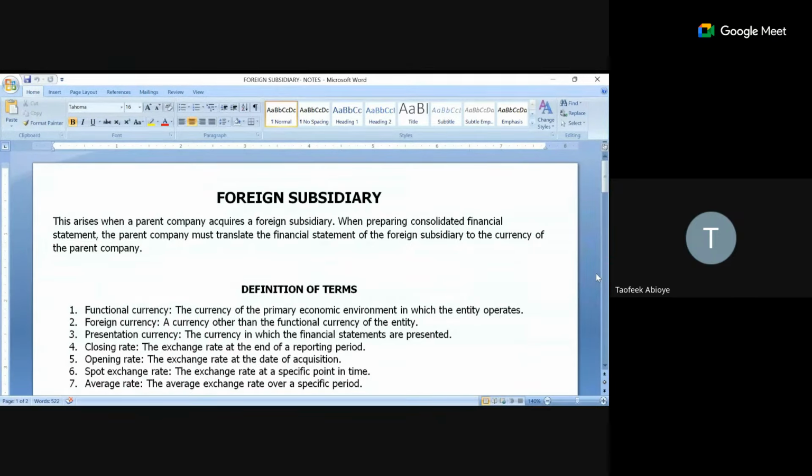Due to the stress of conversion, the additional information is not much. In fact, the additional information of foreign subsidiary is not much. But if we look at May 2024, ICAN tested a lot of adjustments in foreign subsidiary then.